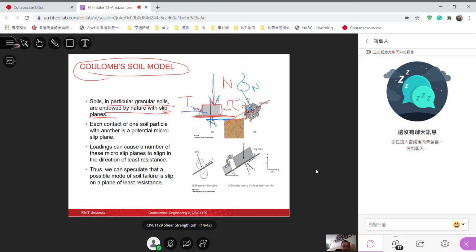It's not like that. Soil particles and other soil particles are full friction. So if the shear stress is large enough, it causes one soil particle to roll over another soil particle and then move along each other.